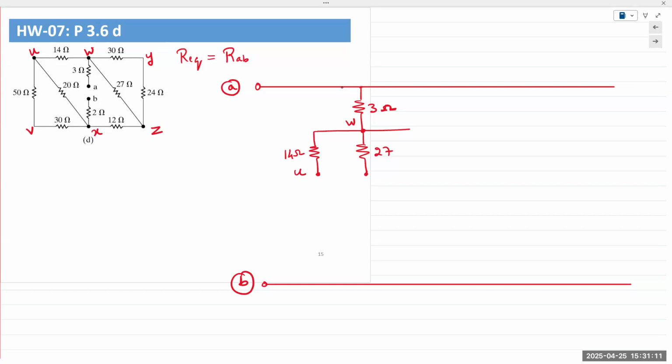So this should be Z. And this should be Y. All right, let's take a pause and let me know if something doesn't feel right.